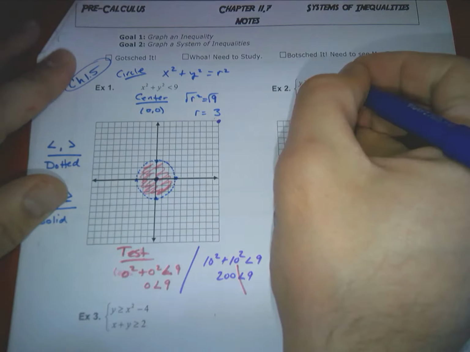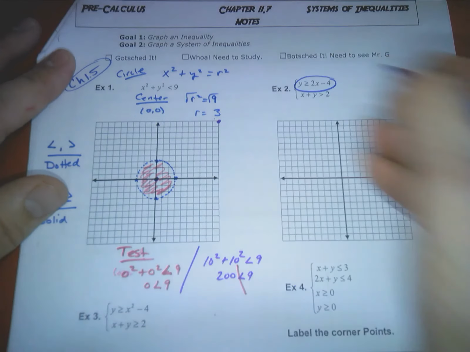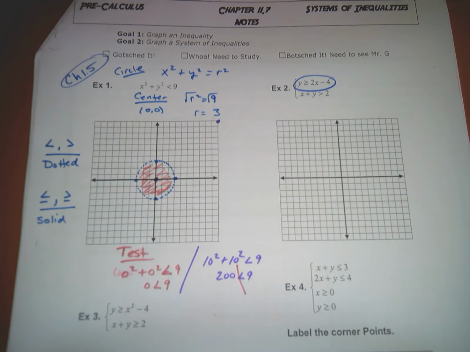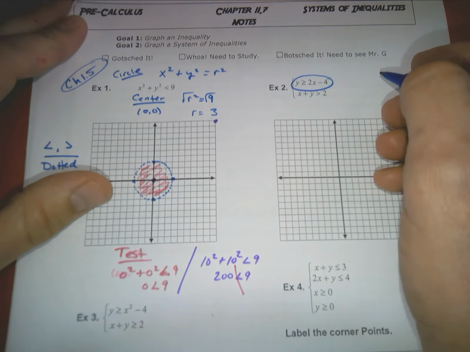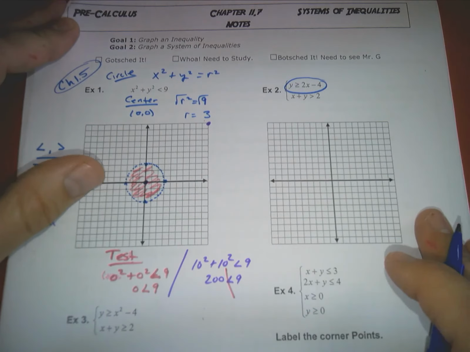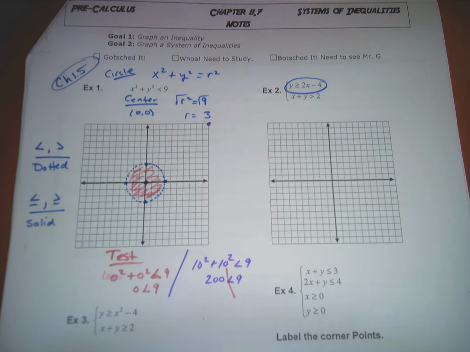All right, let's do the next one. Now I have a system of inequalities. So now I have y is greater than or equal to 2x minus 4. Do we know what this is a graph of? People online, what is this thing a graph of?